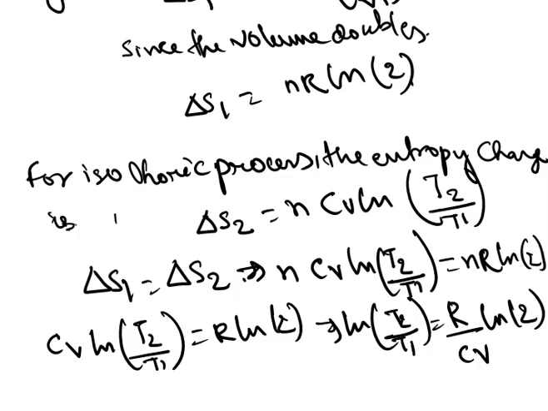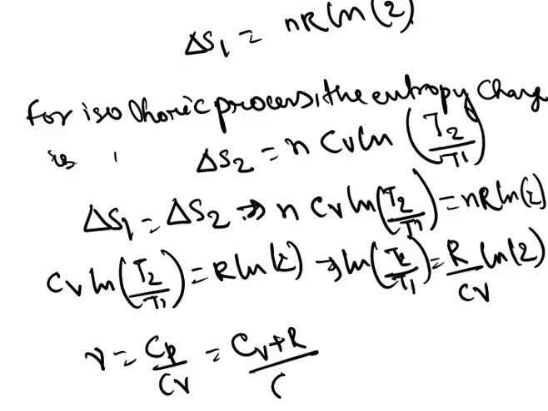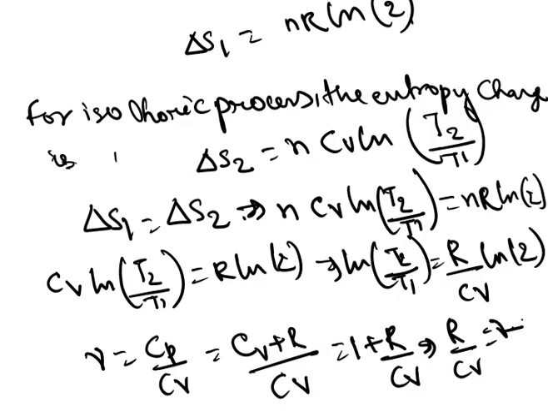But we know that gamma equal to Cp by Cv equal to Cv plus R by Cv, right? So we have 1 plus R by Cv, which implies that R by Cv equal to gamma minus 1, right?